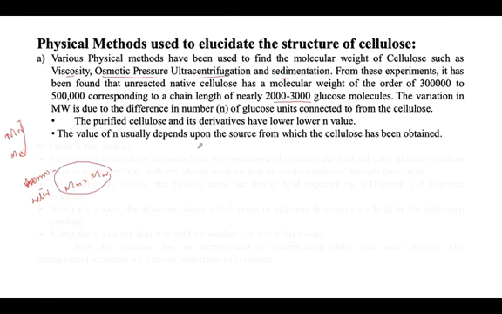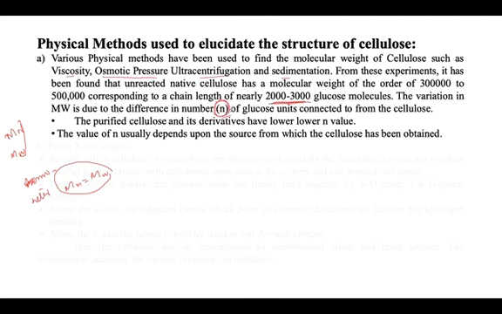In this case again there is a variation, from 200 to 300 units. The variation is due to the difference in the number of n units, as we said previously, where n is the number of glucose or cellobiose units present.